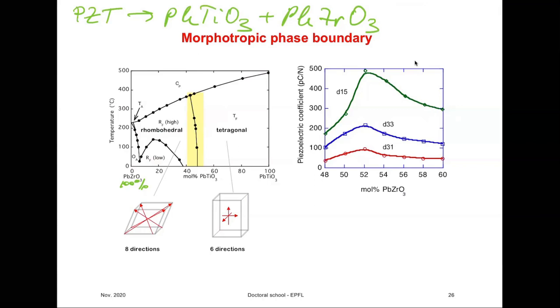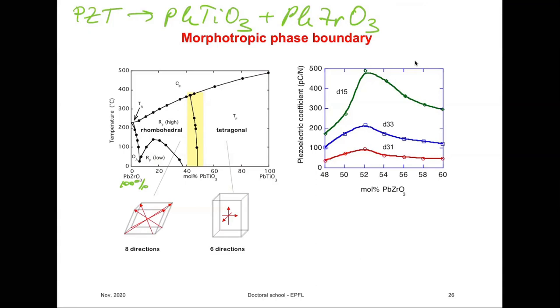The name morphotropic phase boundary is the name that Goldschmidt gave to the feature in the phase diagram where you replace one element in a compound with another, and by adding more and more of this second compound, while keeping the solid solution all the time, you come to a position where adding just a little bit more of the replacement compound, you change the structure.